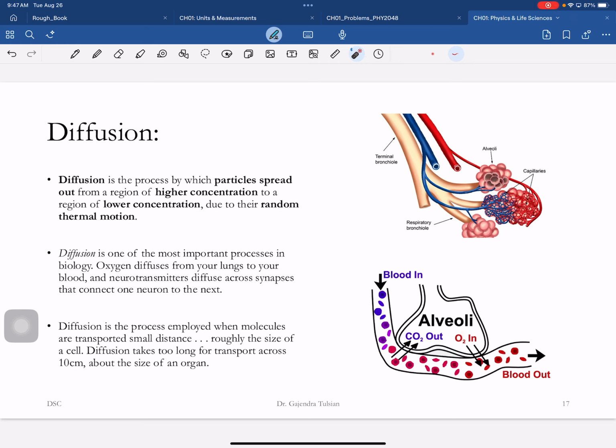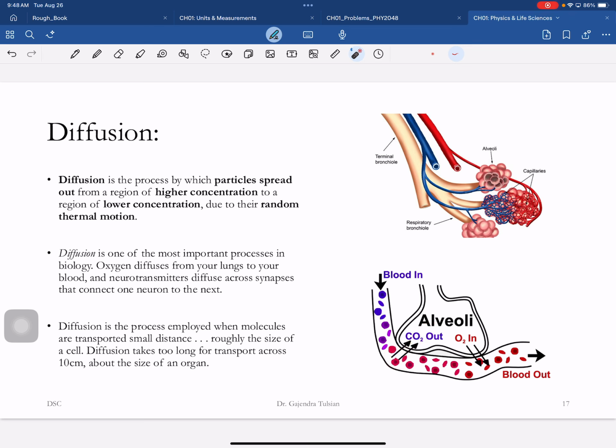What else happens? CO2 diffuses out. Why would CO2 diffuse out? So you don't explode. It diffuses out because the concentration of CO2 in your blood is higher than in the air there.